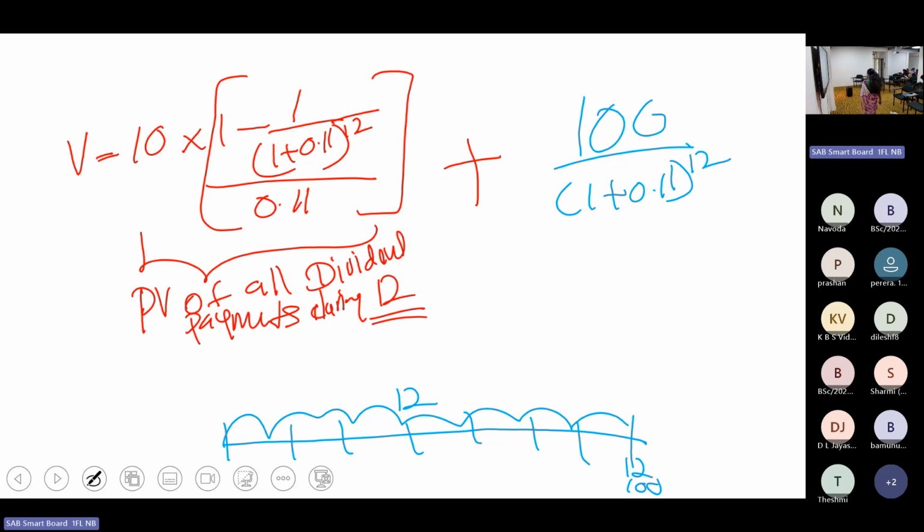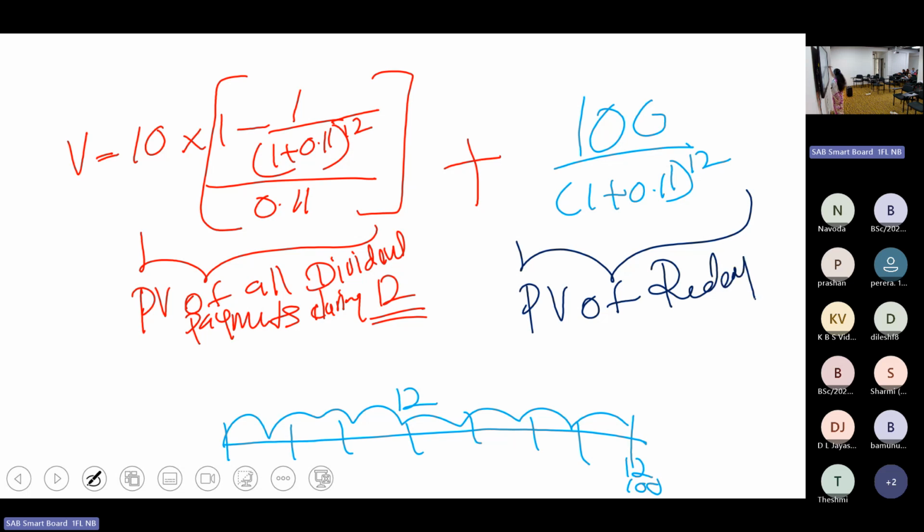Right? You can separately take the value here. What is this one? This is the present value of the redemption price. It's very basic. Both together, what is this? The value of the share.